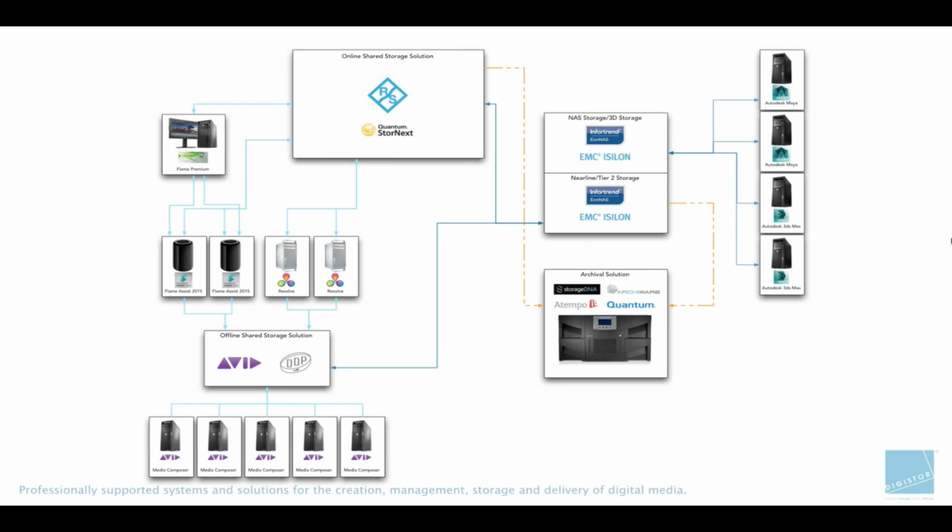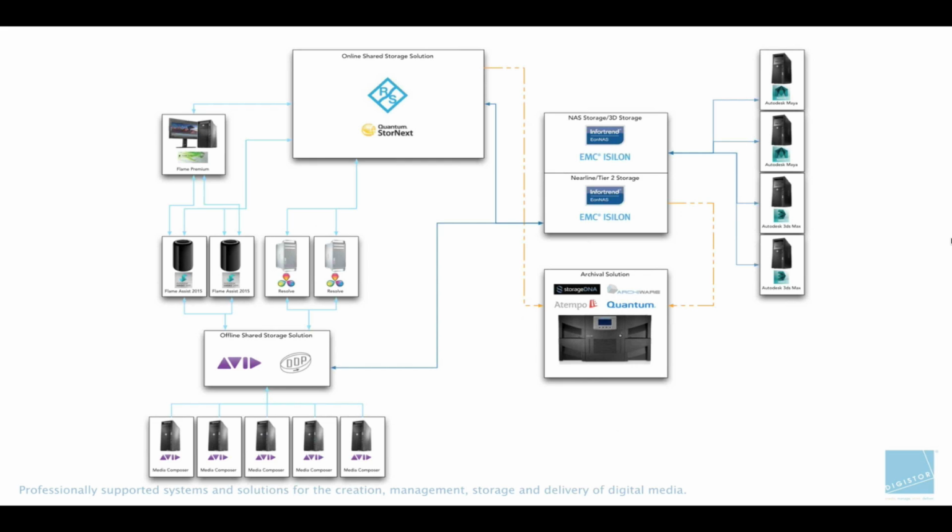Now we could put those on the online shared storage solution, but they may not be appropriate to go on there, and we may actually have to put more investment into the online shared storage solution, which may not be as appropriate as implementing a NAS storage solution. The left-hand side we've got for video streaming, the right-hand side we've got for IOPS.